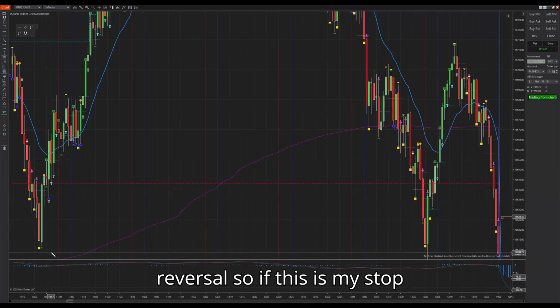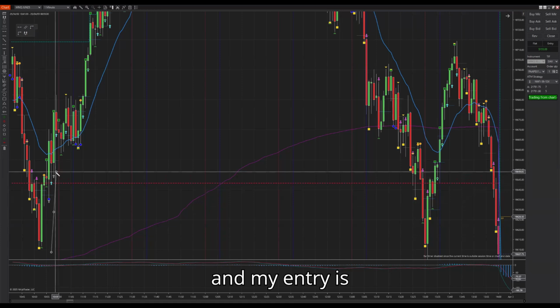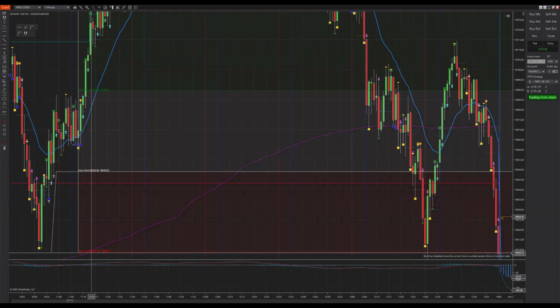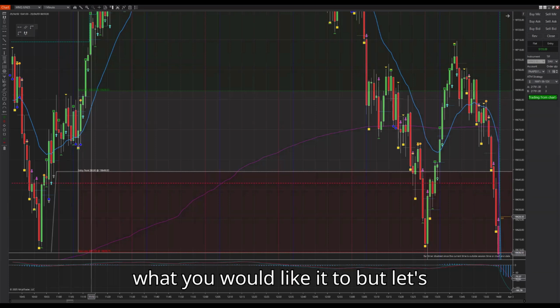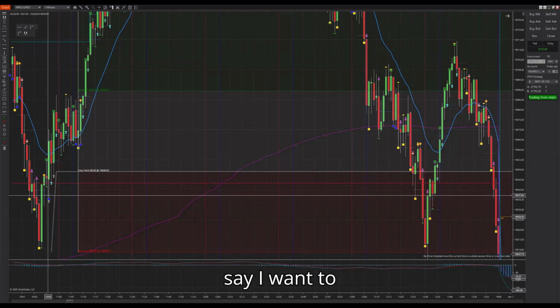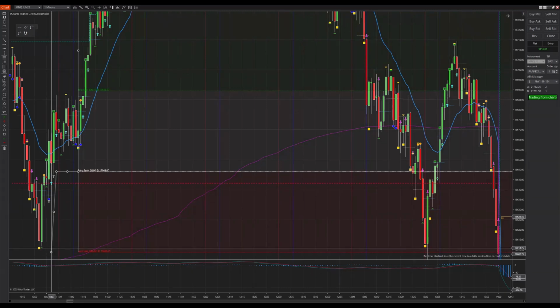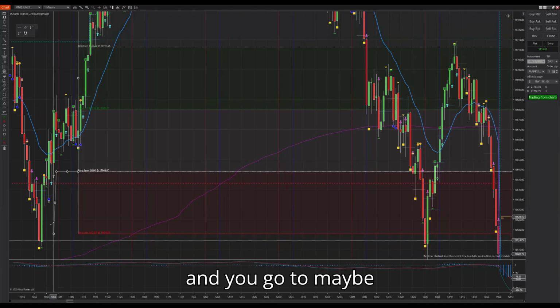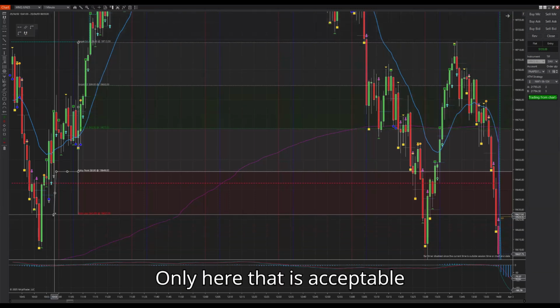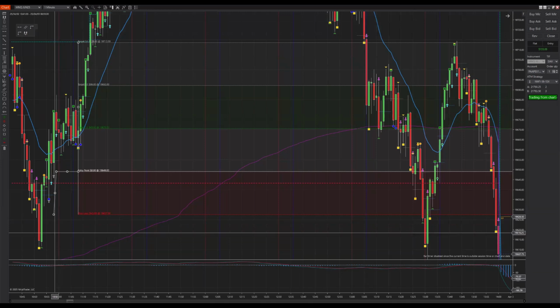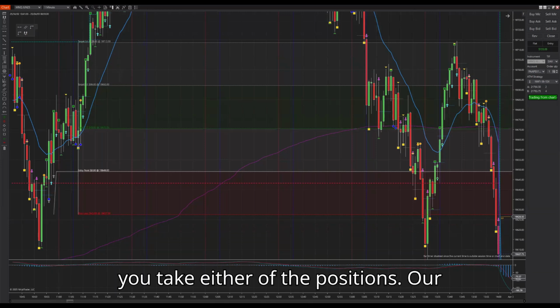So if this is my stop and my entry is somewhere here, the risk is almost 80, so it is more than what you would like it to. But let's say I want to reduce the risk, and you go to maybe only here, that is acceptable.